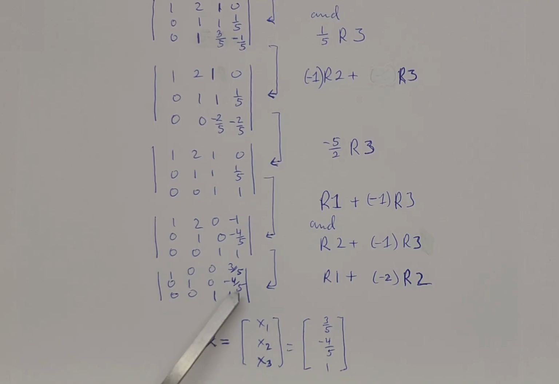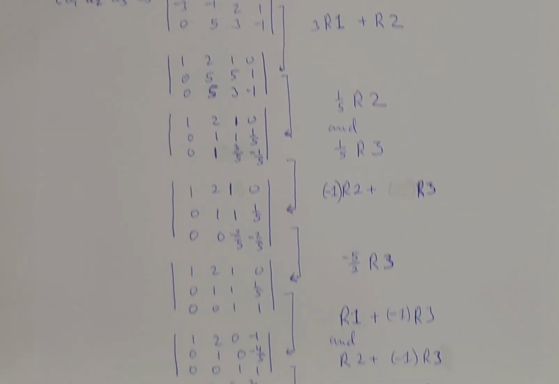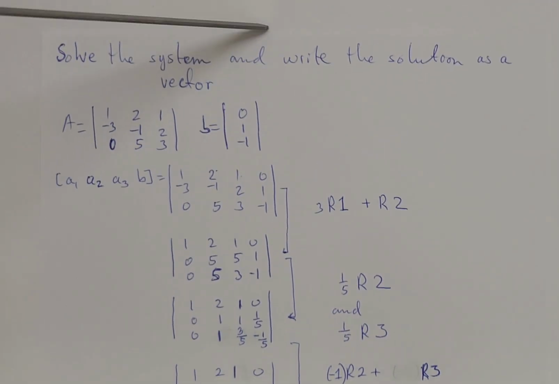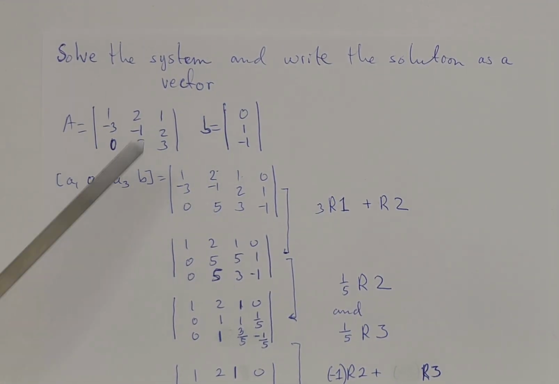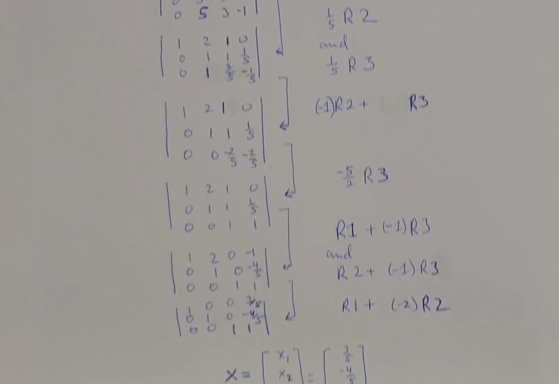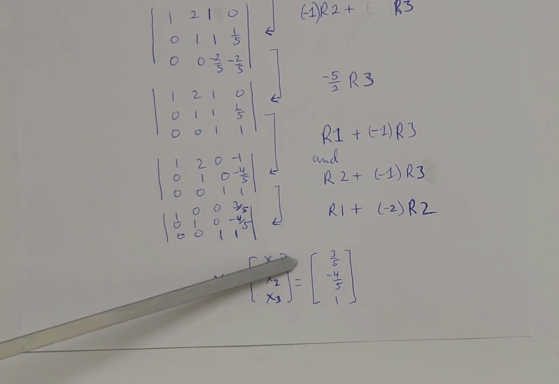Variable 1 is 3/5, variable 2 is negative 4/5, variable 3 is positive 1. So this right here is the solution to our problem in the beginning, which is this right here. So this is our problem in the beginning, and our solution would be this right here.